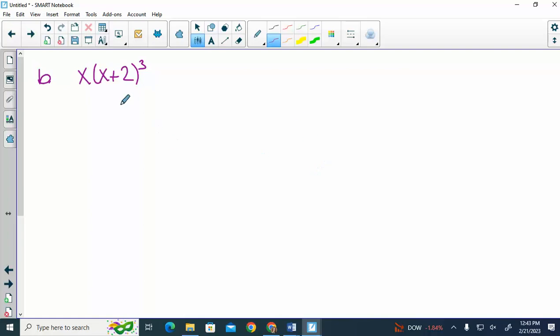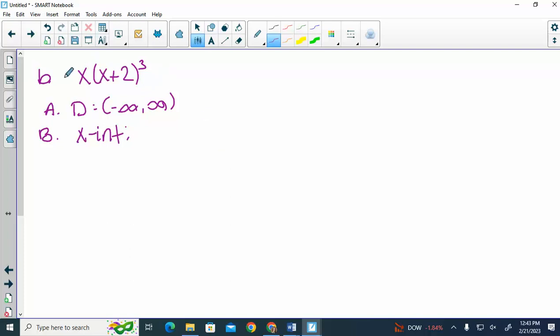Is there anything this can't be? It's a polynomial. So my domain is just negative infinity to positive infinity. And we also know if it's a polynomial, there are no asymptotes.